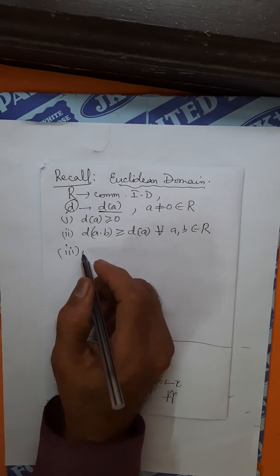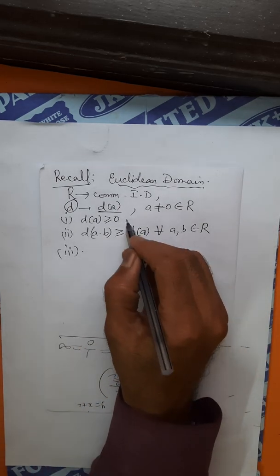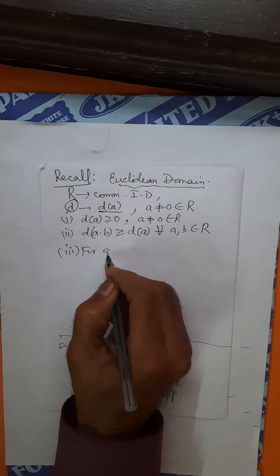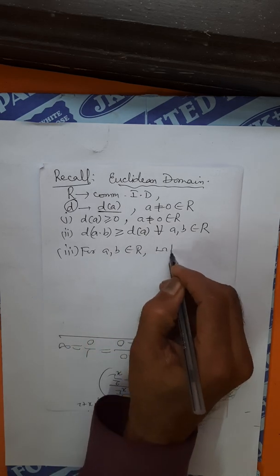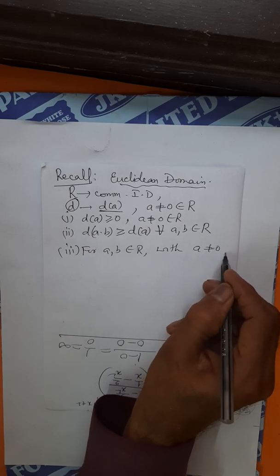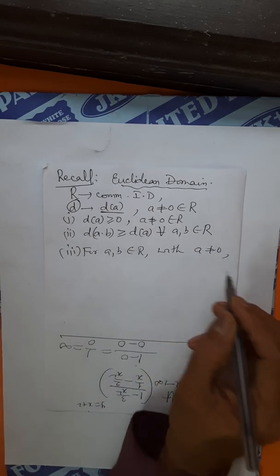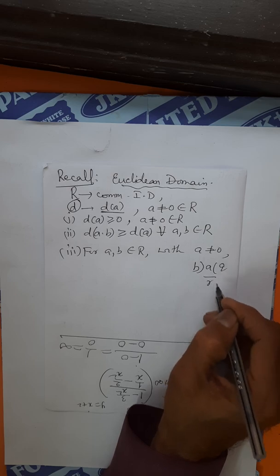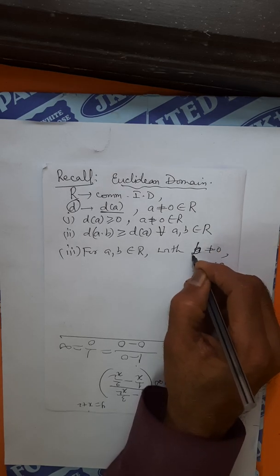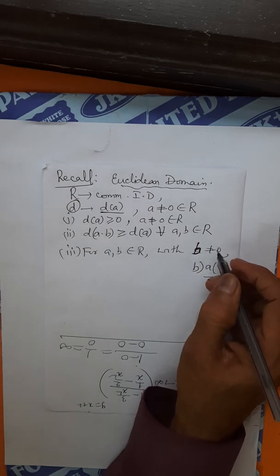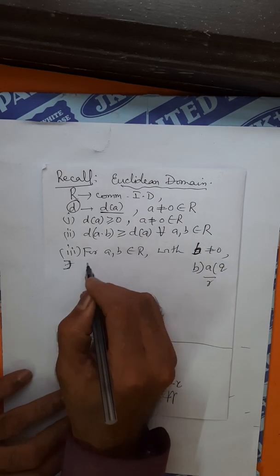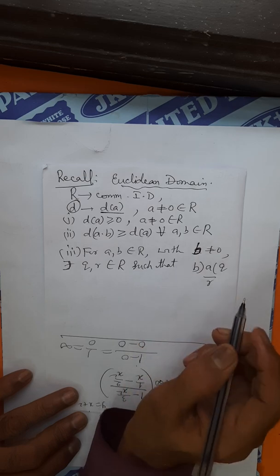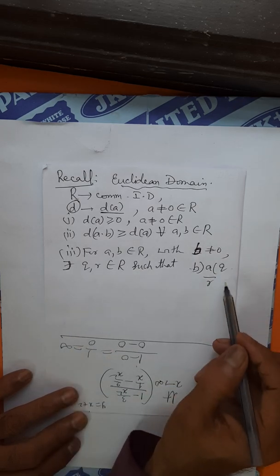And the third one is the division algorithm. For a, b belonging to R with b not equal to 0, there exist elements q and r belonging to R such that, as in the division algorithm you have studied in number theory, a is equal to bq plus r.